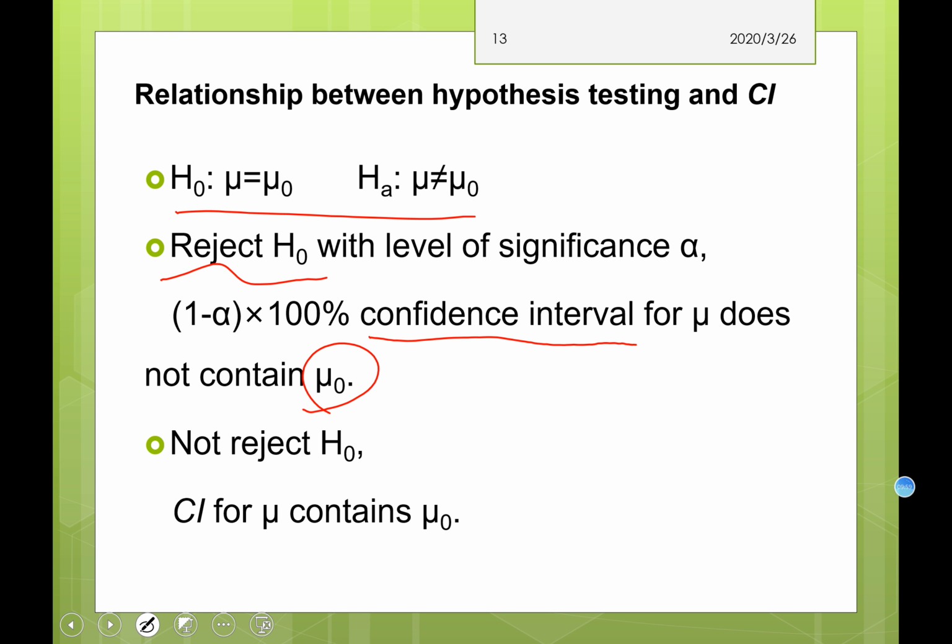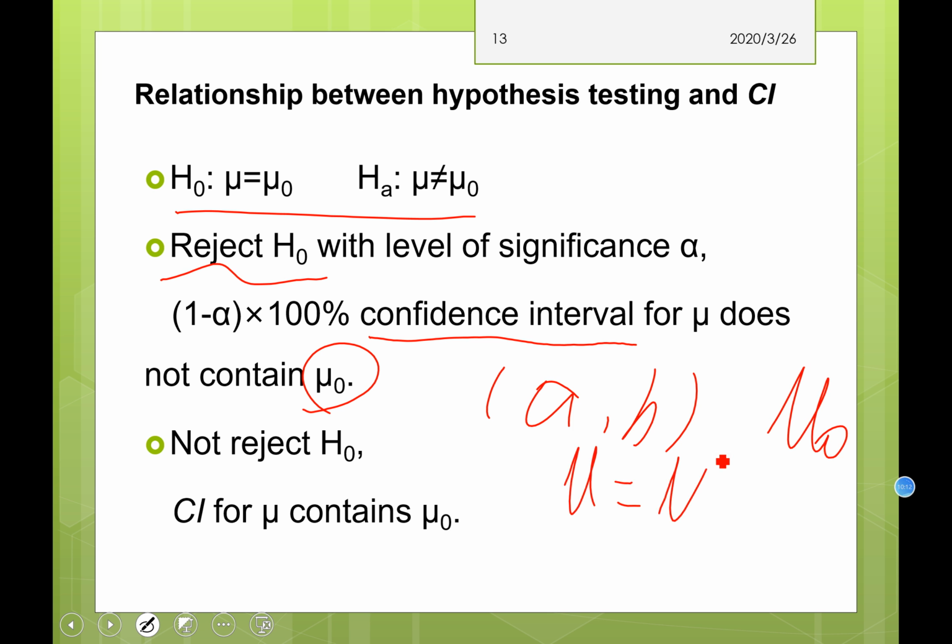So if the confidence interval contains the number mu 0, that is the same as the H0 statement. So they are the same.